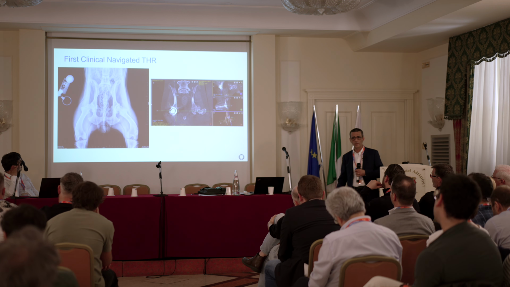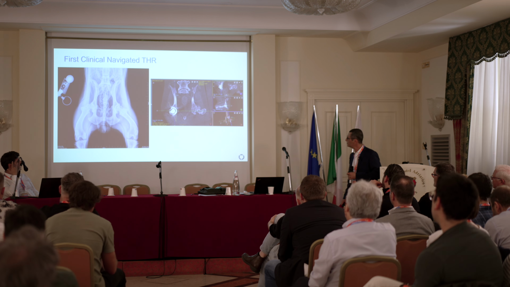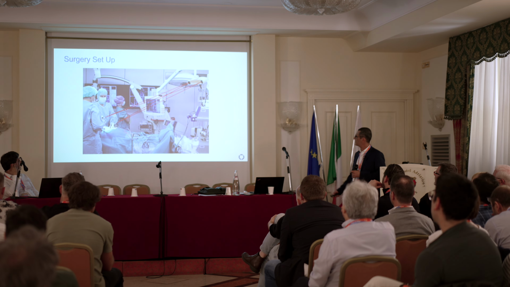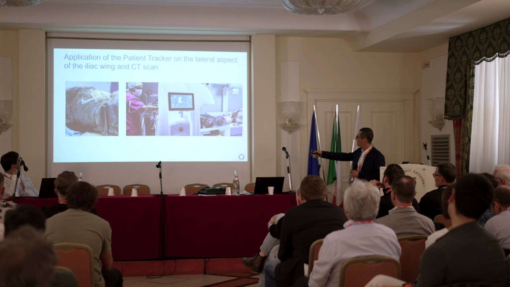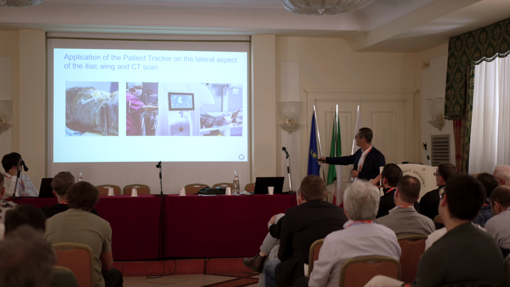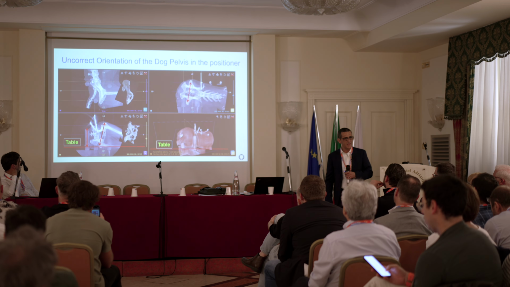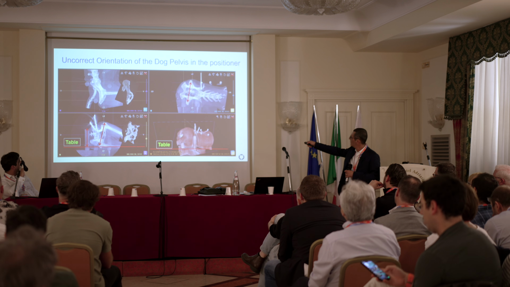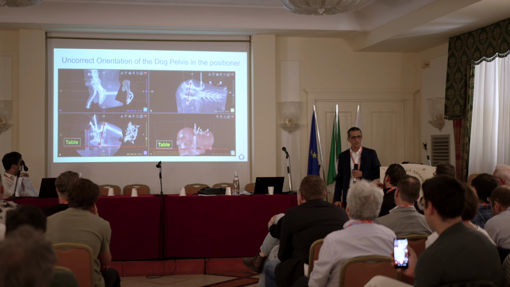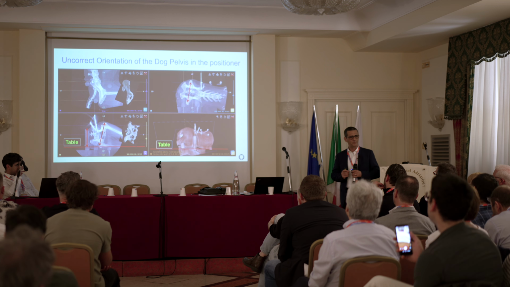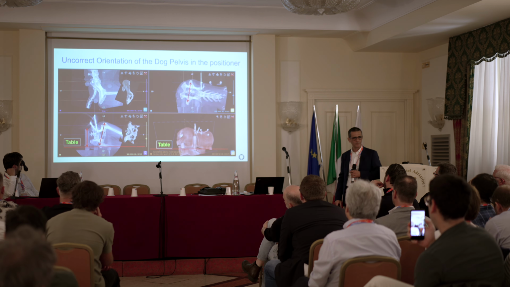It's a really chronic and not easy dog. This is the surgery setup, okay? So step by step, application, CT scan, and after the CT scan, I immediately discovered that the pelvis is not well positioned. You see, it's not perpendicular to the table.